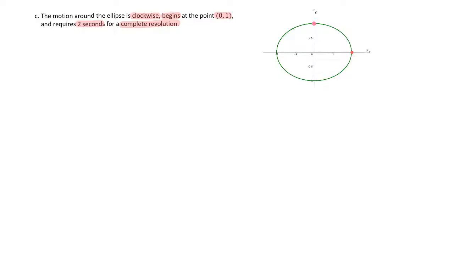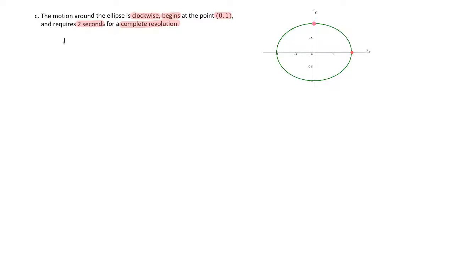The reason why we're not going to be able to take option number 2, which is to play with the interval of the parameter, is because here the parameter has been set for us. The period has to be 2 seconds. That means that t has to go from 0 to 2. I'm going to write that down here.